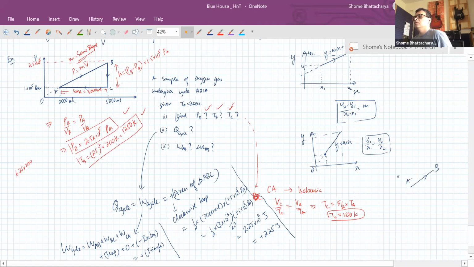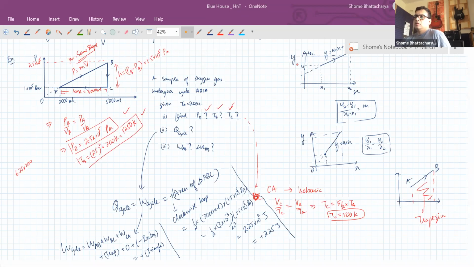So always remember, in the cycle, it is the area enclosed by the cycle, but that area comes with positive sign if it is clockwise cycle and negative sign if it is anti-clockwise cycle.